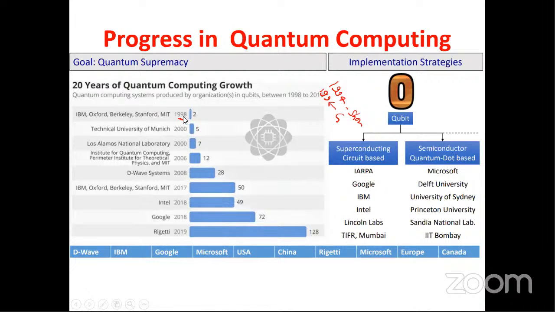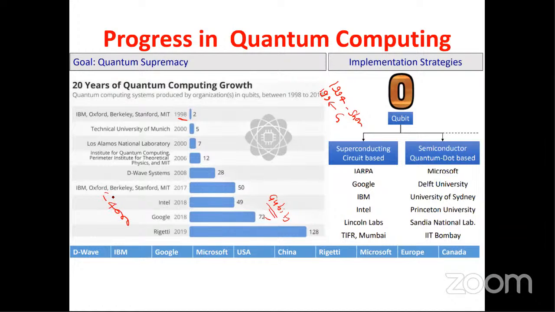Initially we are having a quantum computer with only 2 qubits, then it increased year-wise, and in 2019, Rigetti was having a quantum computer with 128 qubits. So these are qubits. To break RSA kind of system, how many qubits do we require?